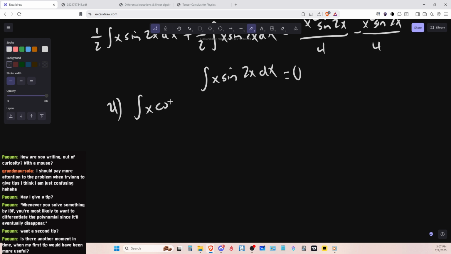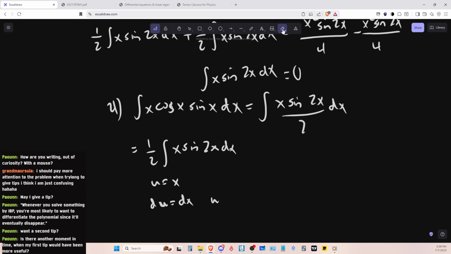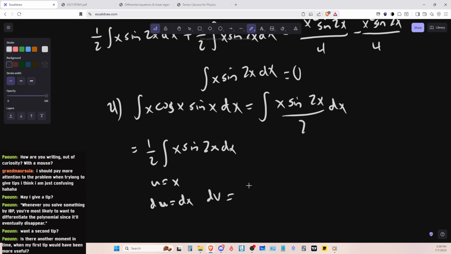So it was x cosine x sine of x, and then we changed that to basically x cosine 2.5, and just reduce that so it's like sine of 2, and now turn that into du dx, then oops, that's supposed to be dv, so dv sine of, and then we integrate it.